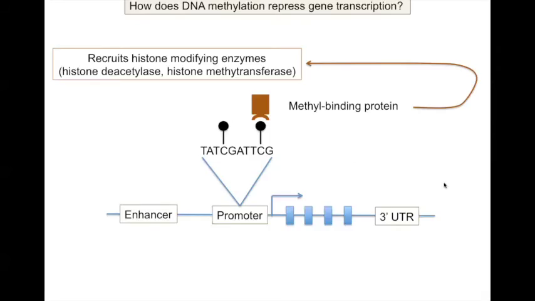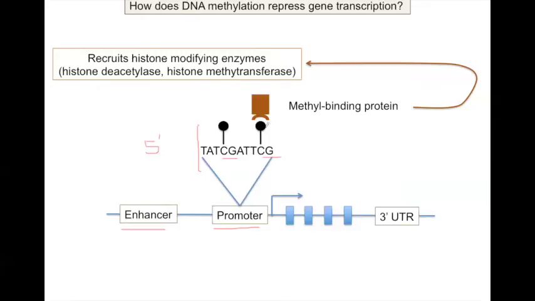So how does that work? What we have here, again, is our enhancer and our promoter. Within the promoter is a sequence, shown here, and you can see that in that sequence, there are two CG dinucleotides moving from the 5' end.